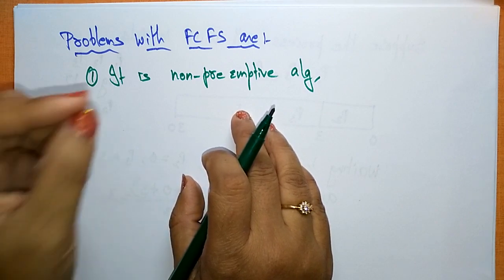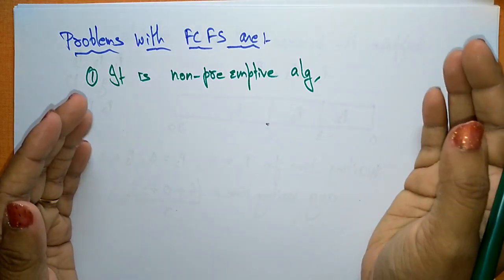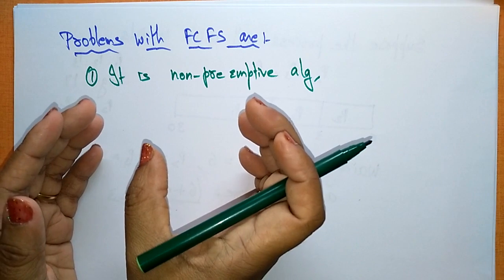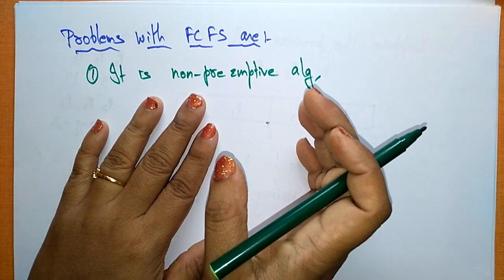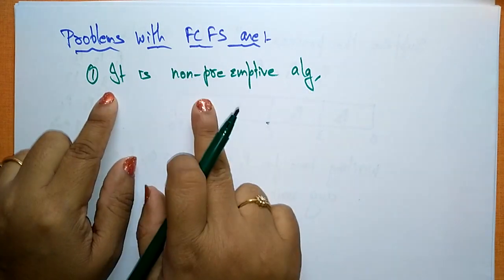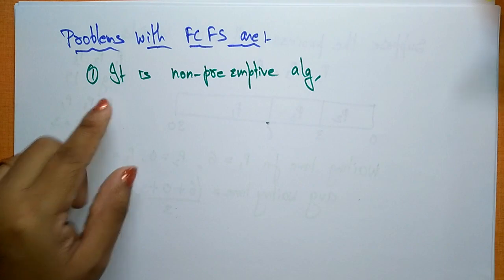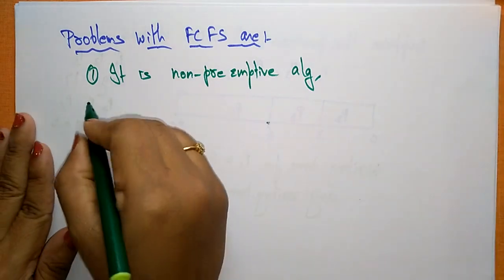It has to execute the process which is present next in the queue. Whatever process is waiting in the queue, that process has to be taken by the CPU. There is no option for the CPU, because here we are not considering the priority. That's why first come first serve is a non-preemptive algorithm. The process priority doesn't matter here.